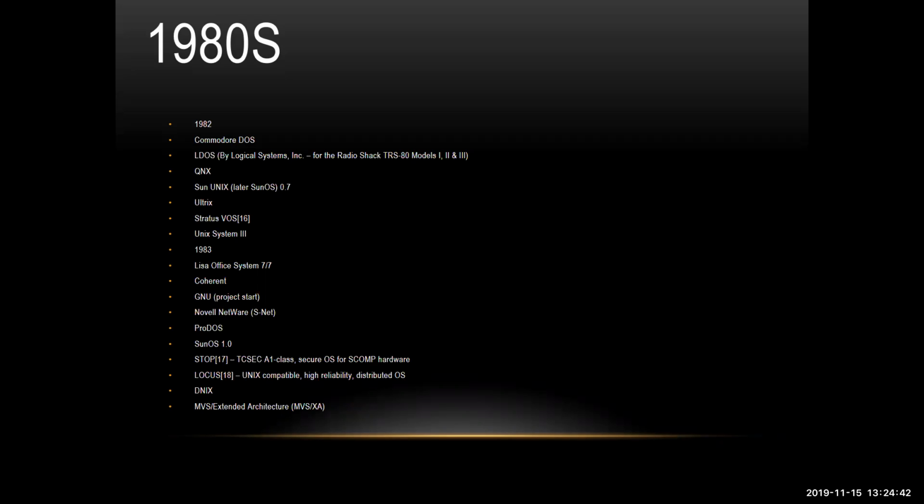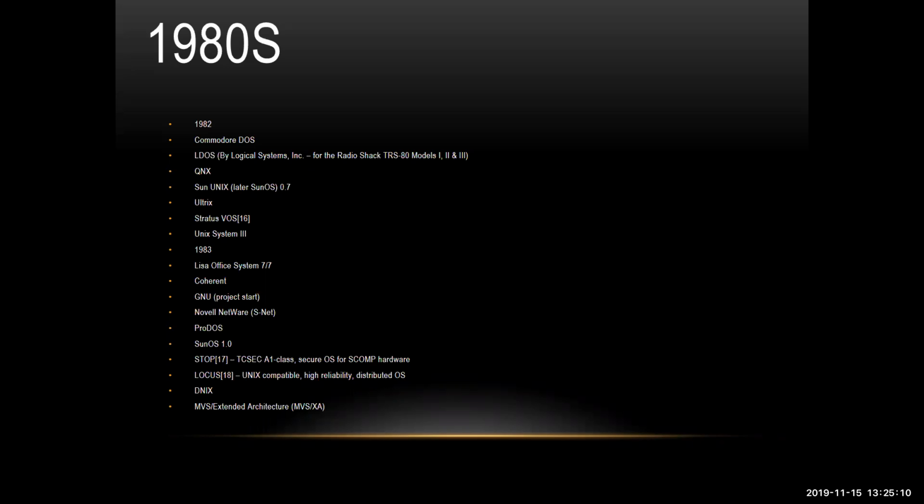It is a commercial Unix-like real-time operating system aimed primarily at the embedded systems market. The product was originally developed in the early 1980s by Canadian company Quantum Software Systems. And then we had Sun Unix, later called SunOS.